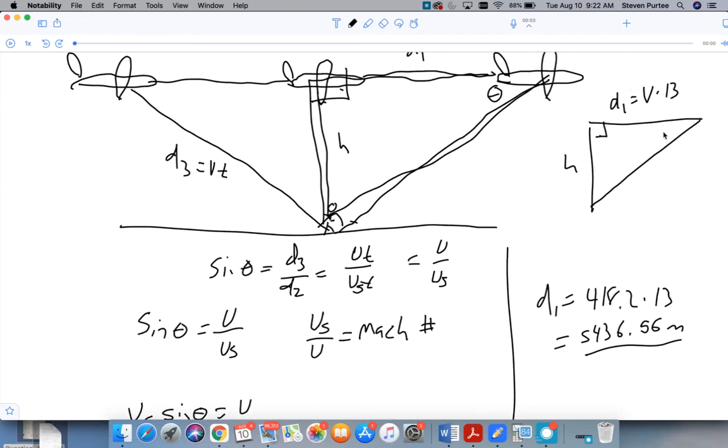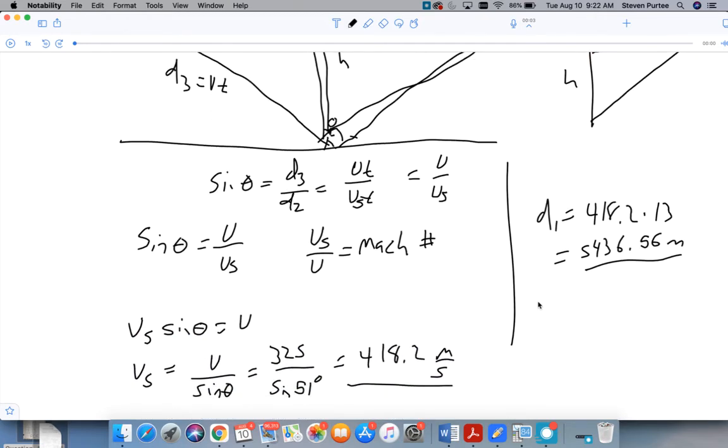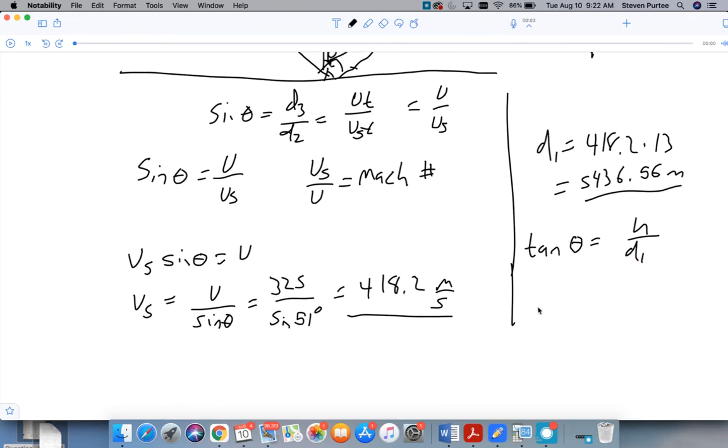And now we can use tangent. We know this angle right here, it's 51 degrees. Opposite and adjacent in this right triangle. Tangent of theta should be h over what we called d1. So h should be d1 times tangent of our angle.